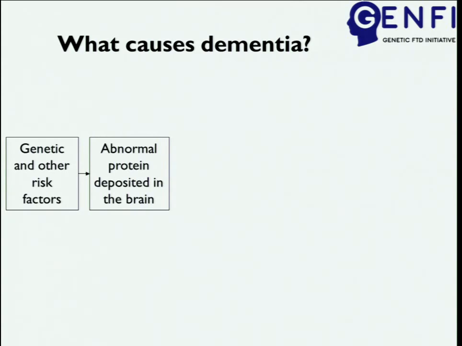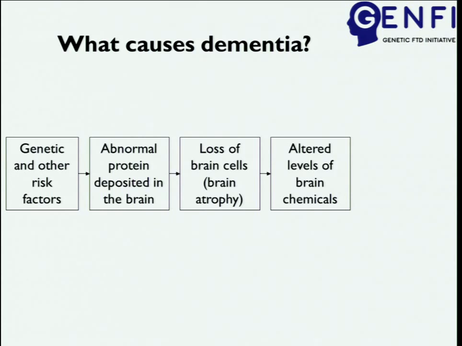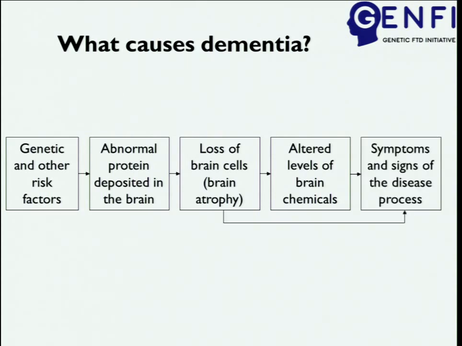Once that abnormal protein is sat in your brain cells, it causes you to lose brain cells, so you get brain atrophy. And once you've got brain atrophy and you're starting to lose cells, it alters the level of the brain chemicals. And that loss of cells and the change in the level of your brain chemicals leads to the symptoms and signs of the disease.